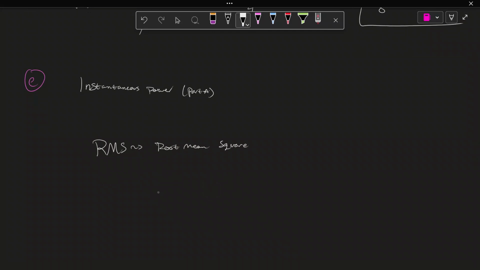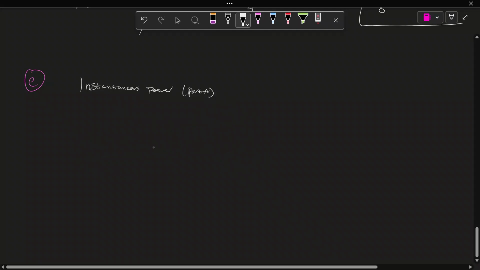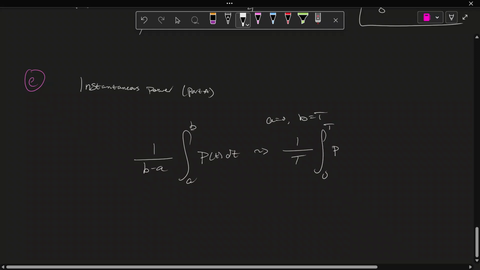From calculus, you take 1 over b minus a, the integral from a to b of your instantaneous power with respect to time. Now, in our case, a is equal to 0, b is equal to the period. So what we have is 1 over T, the integral from 0 to T, of the instantaneous power with respect to time. This is what we need.